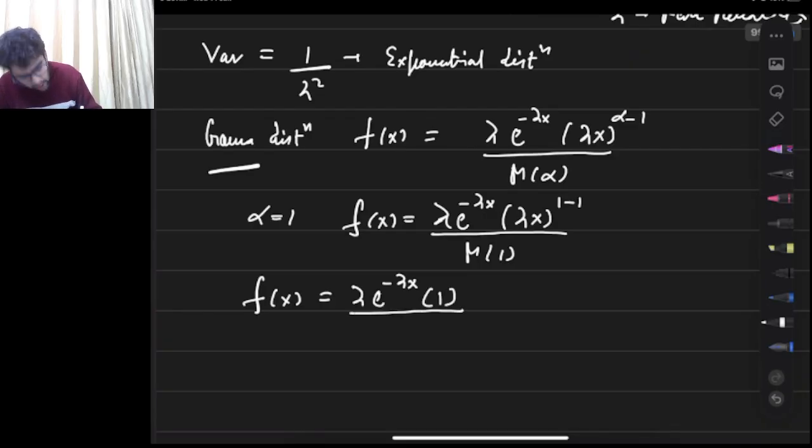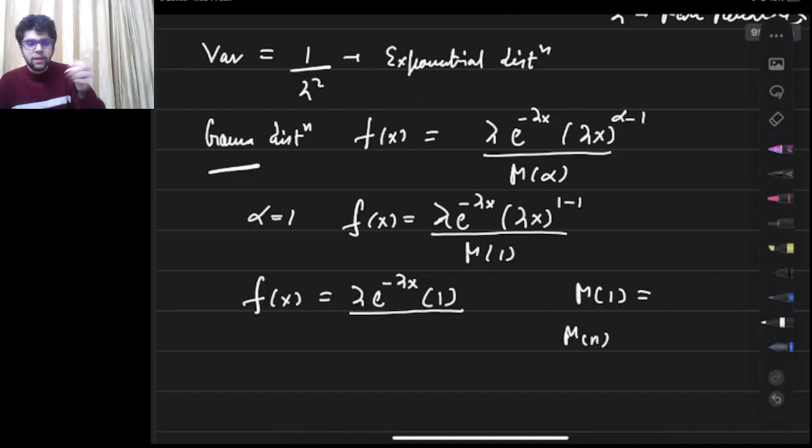Now I told you guys earlier that this gamma of n, actually this is the gamma function, so I'm writing this as n. Basically in the books you will find the notation like this, but I have somehow written this as an m. If you guys don't understand, this small m is actually this symbol that you find in the books.